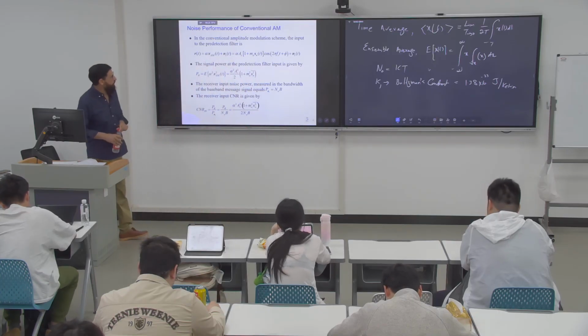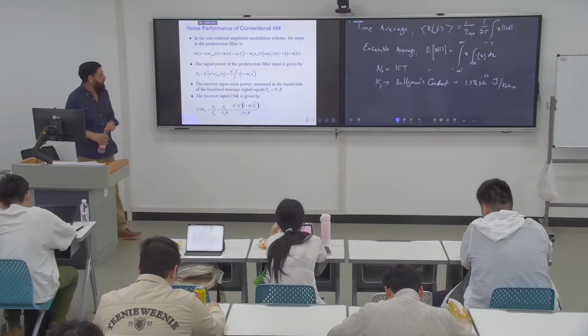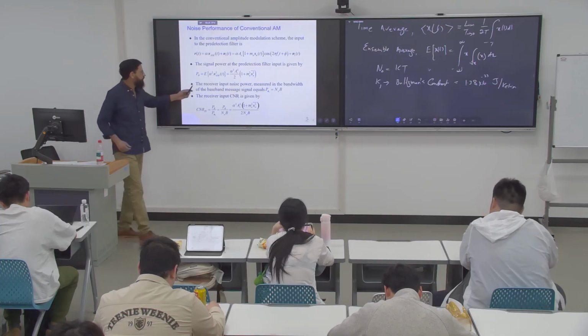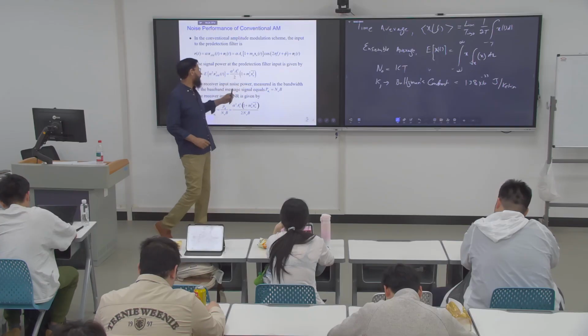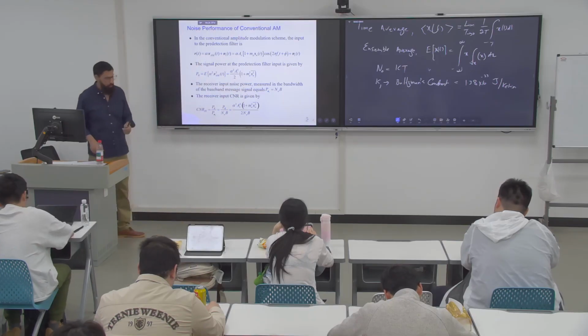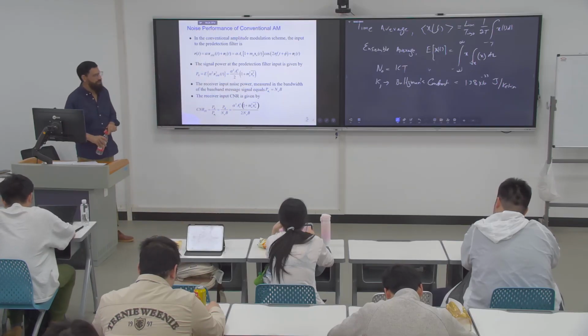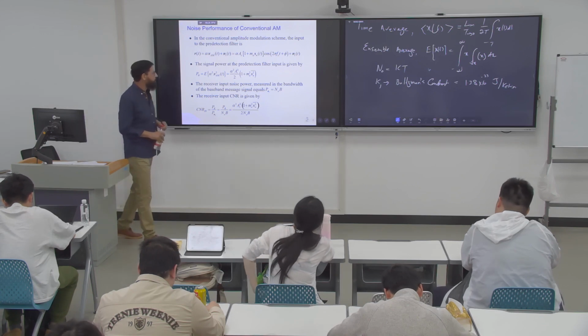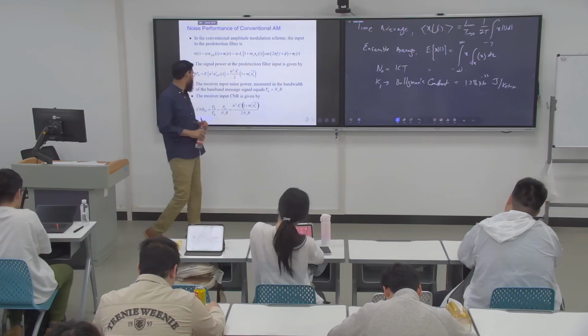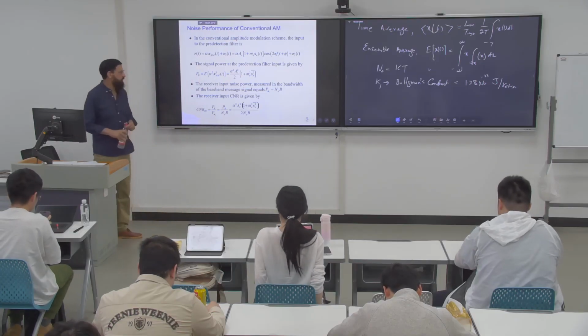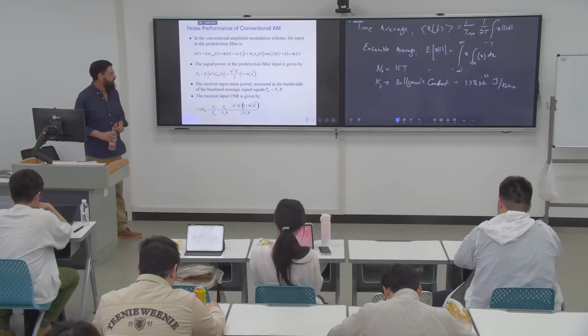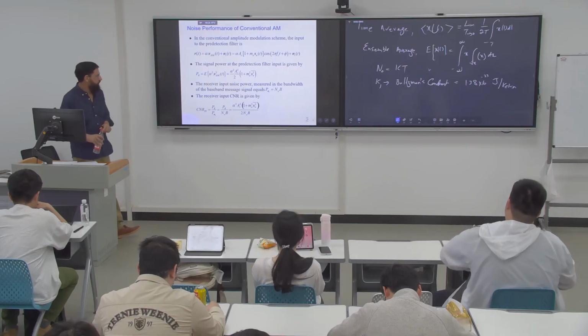What is the signal power here? The signal power is the expected value of this, which is equal to alpha square AC square divided by 2, times 1 plus MS square SN square. The receiver input noise power measured in the bandwidth of the baseband message signal equals N times P. So what is the CNR?